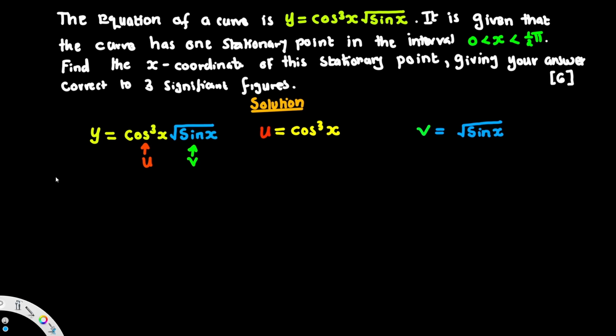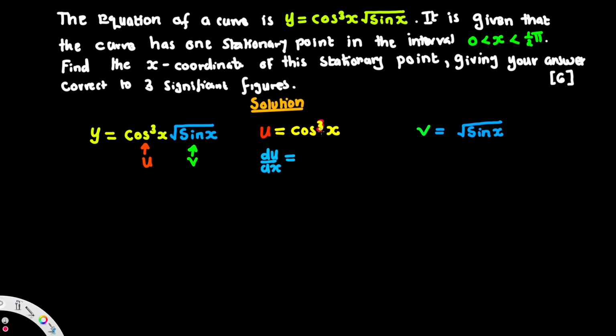So we start with du dx. Now you see that power there, we are going to use power rule. Actually, to differentiate cos cubed x, you are going to use chain rule. The first function we shall look at is the power 3.